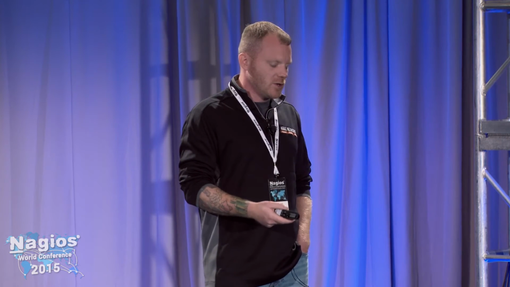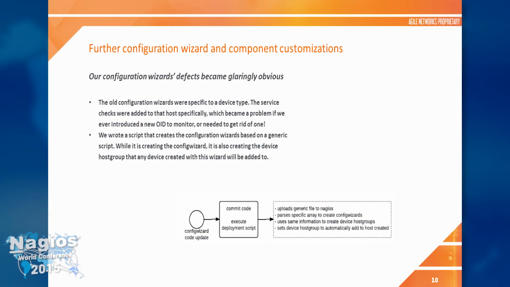And it is not good. So we learned from that, and now we just add that device via the configuration wizard to a specific device host group, and then all of those services already belong to that host group. And it helps out an awful lot with the management. If I ever need to make a massive change, I just go and change one of those services.